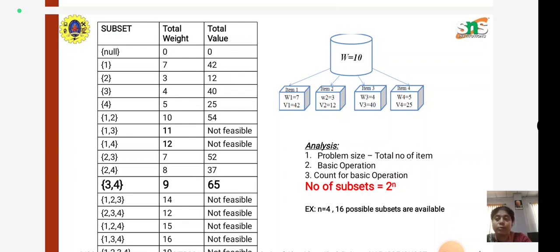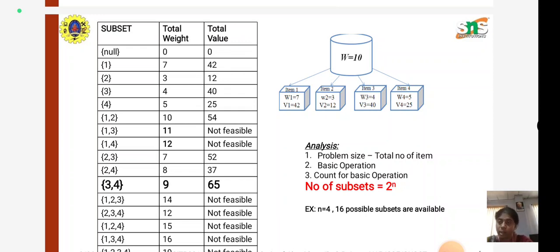Now we go for combinations. If I take the first and second element, the first and third, the first and fourth, the weight and value of each combination is calculated. For items 1 and 2, the weight is 10 and the value is 54. For items 1 and 3, the weight is 11, which exceeds the knapsack capacity, so we mention not feasible.